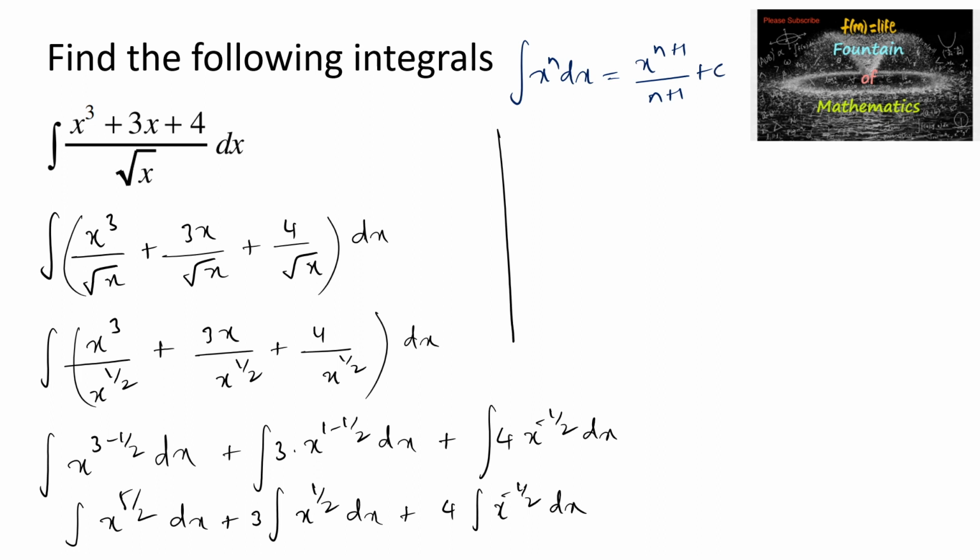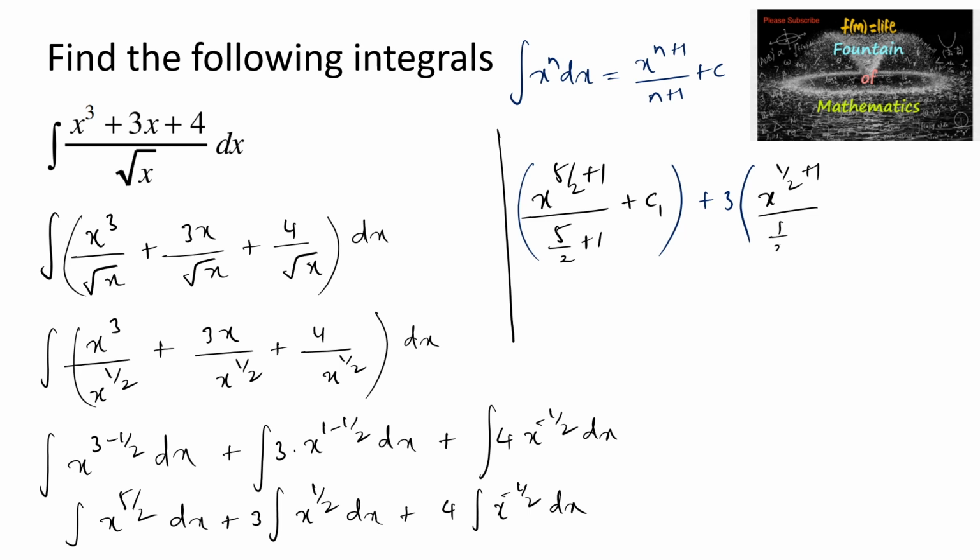So we can write here the integration of x^(5/2) is x^(5/2+1) divided by 5/2+1 plus some constant c1, and the next one, 3 times x^(1/2+1) upon 1/2+1 plus some constant, say c2, and again plus 4 times x^(-1/2+1) upon -1/2+1 plus integral constant c3.